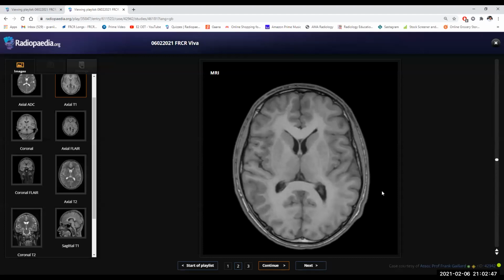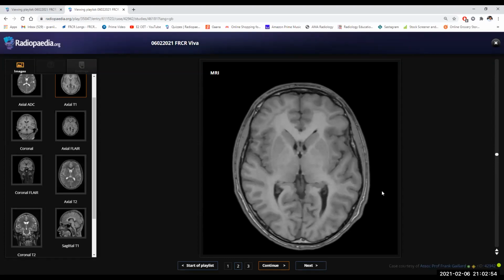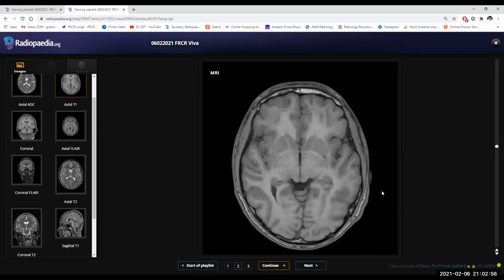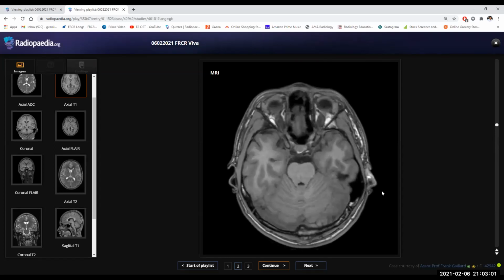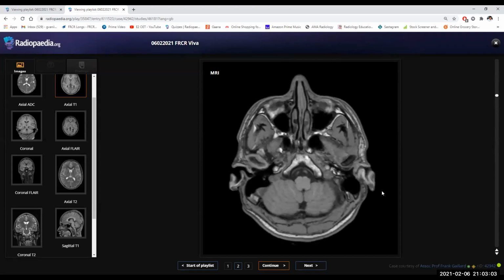This is a young child with seizures, so I would be very closely looking for any gray matter heterotopia, which can also be a cause of seizures in a pediatric patient. I have come again to the infratentorial location.